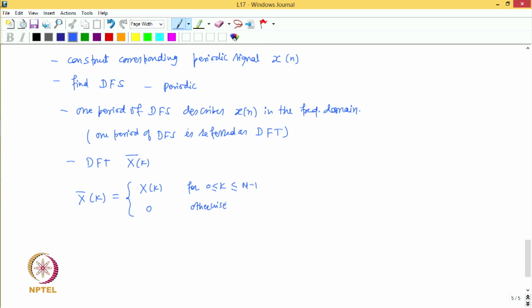For other values of k it is 0, and it is equal to the DFS X(k) only for k from 0 to N minus 1. Now if you substitute X(k) here, that is nothing but 1 by N times the sum of x(n) e to the power minus j k 2 pi upon N times n, with n varying from 0 to N minus 1. This is true for k varying from 0 to N minus 1, and 0 otherwise.